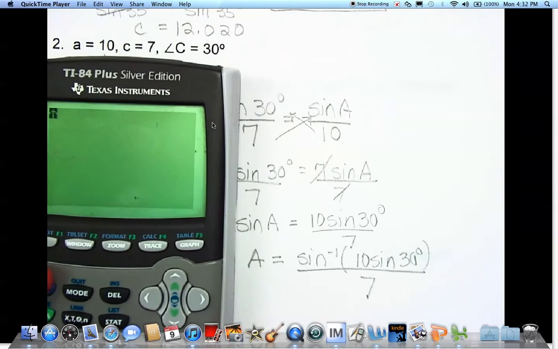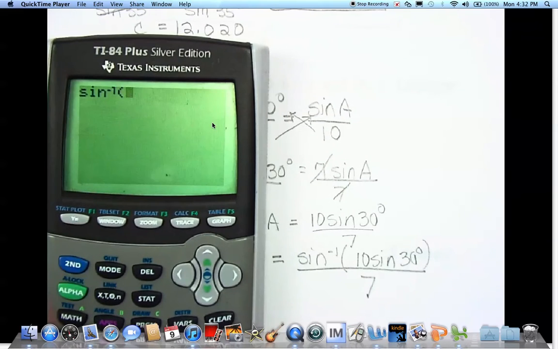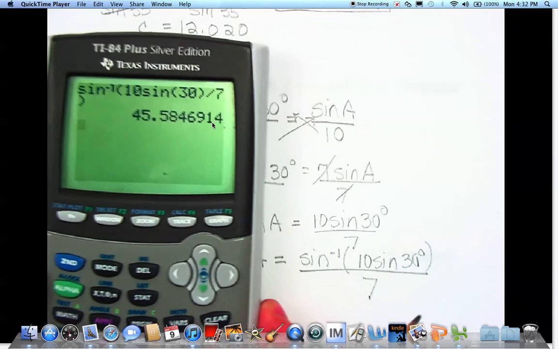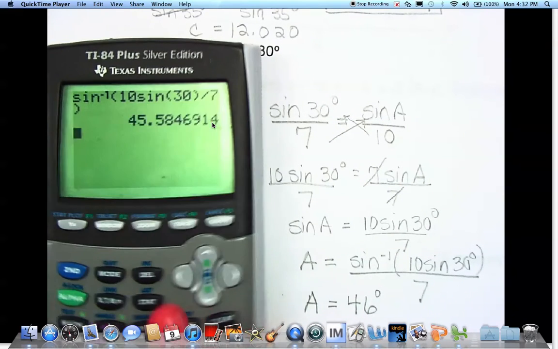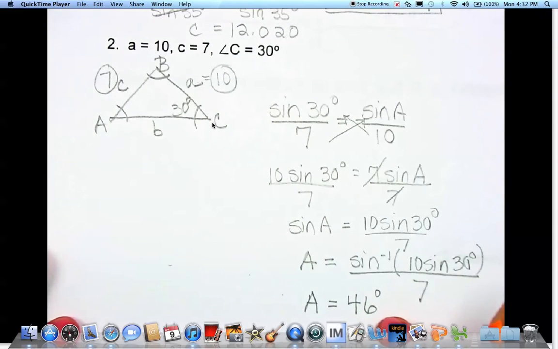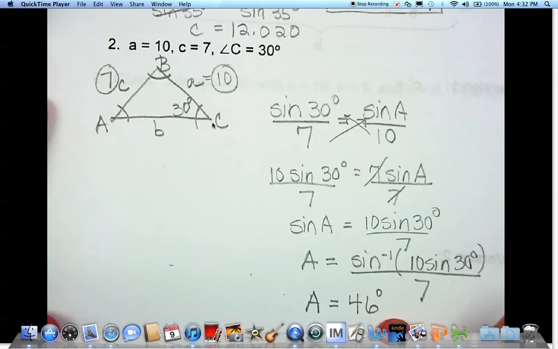We'll do second sine to get the inverse, and then 10 sine 30, close parentheses, divided by 7, close parentheses. Okay, so angle A is rounded to 46 degrees. For angles, we round to the nearest degree. For sides, we round to 3 decimal places. Okay, so we have angle A.